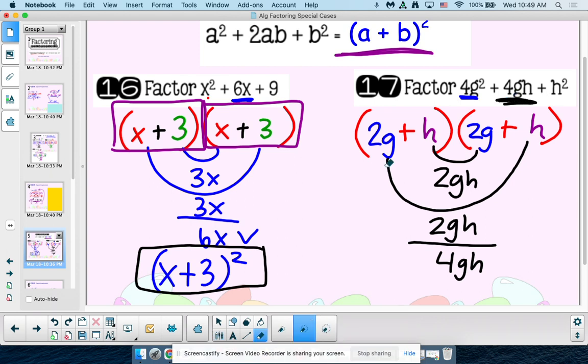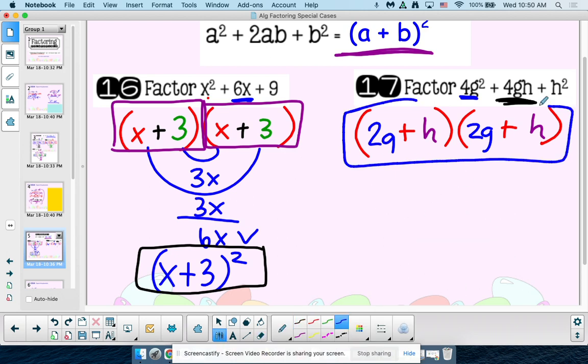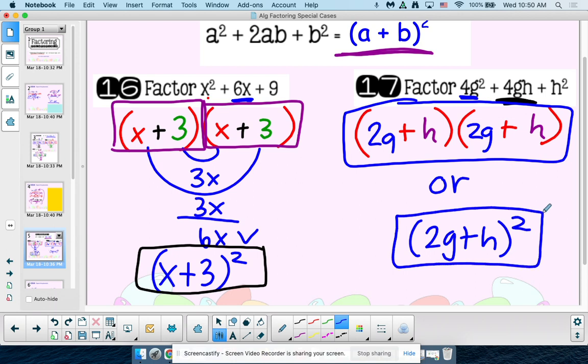Okay? So you could leave your answer like this. How we have it there, the two binomials. Like there, folks. Or you could write it fancy, 2g plus h squared. Both are good answers. Both ways are correct.